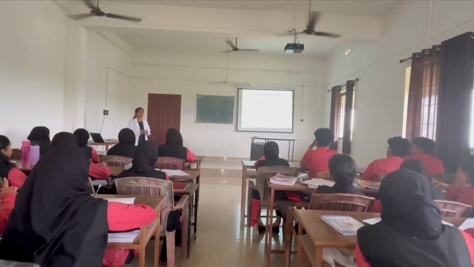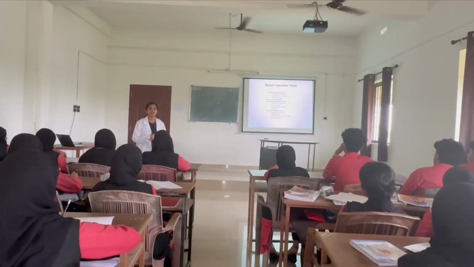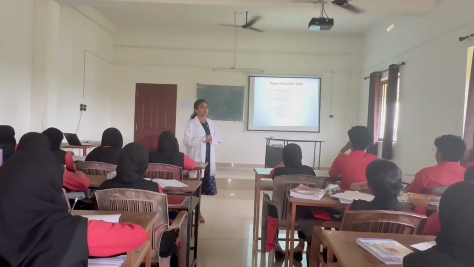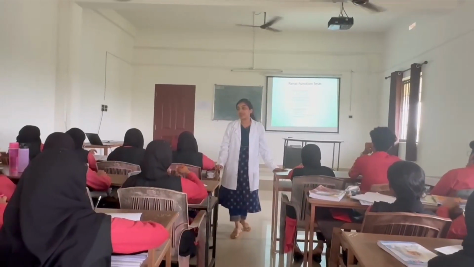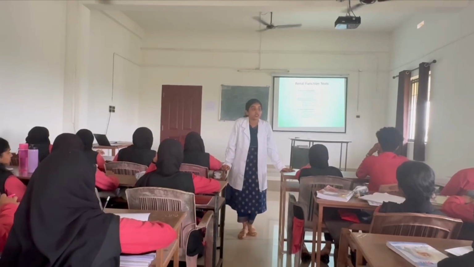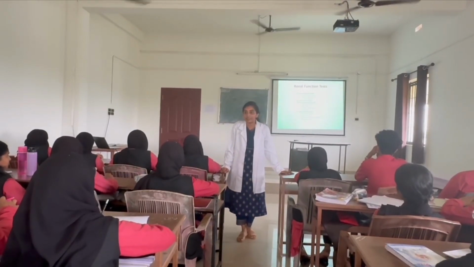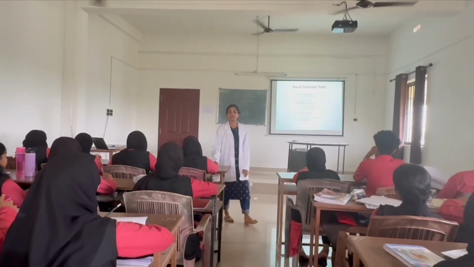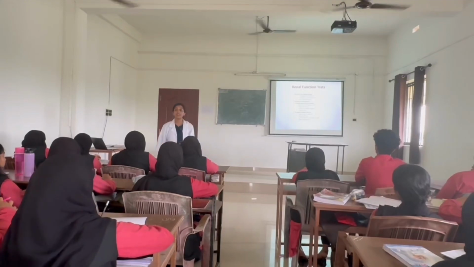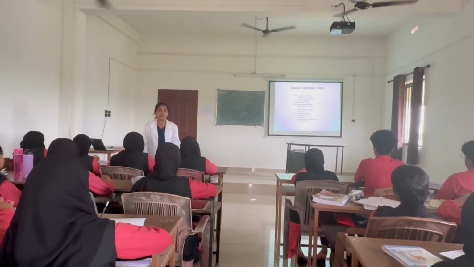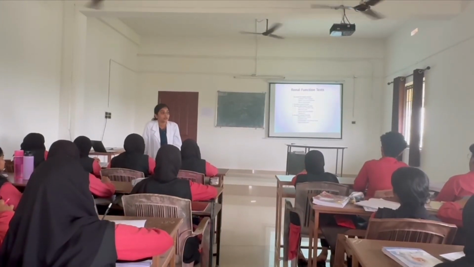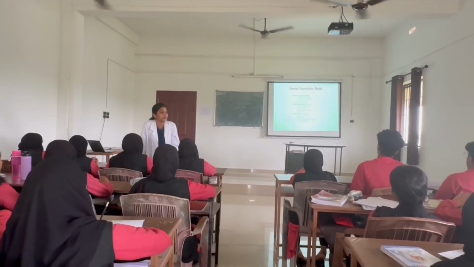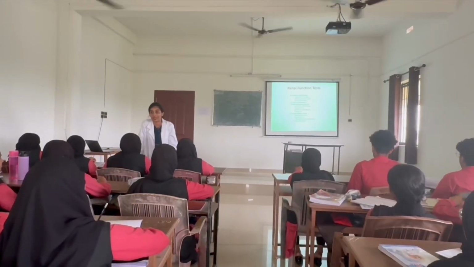Next we are going to see the various renal function tests. This is a major important topic which we study in this chapter. In the major renal function tests, the first one is to screen for kidney diseases. If there is any disease in the kidney, we have to carry out various tests. The first one is complete urine analysis.